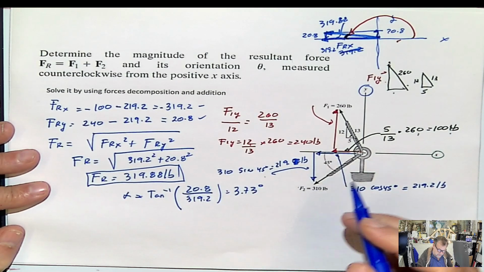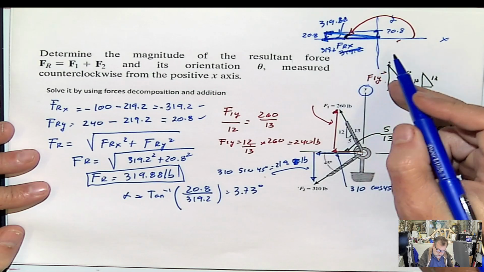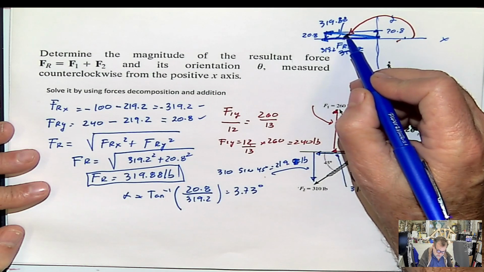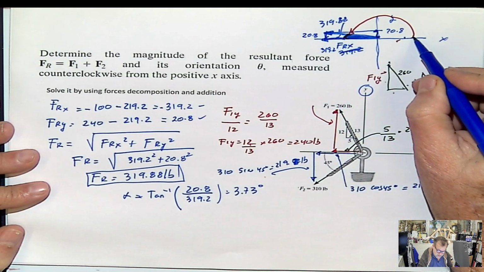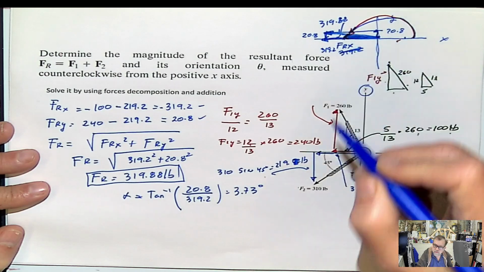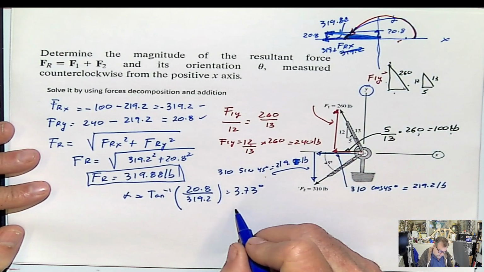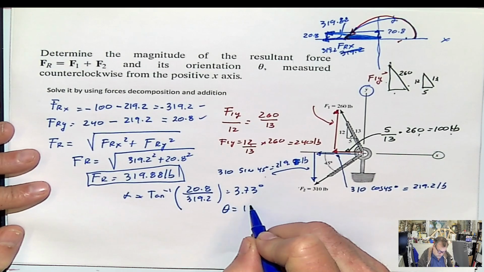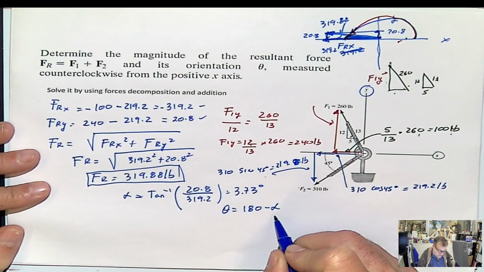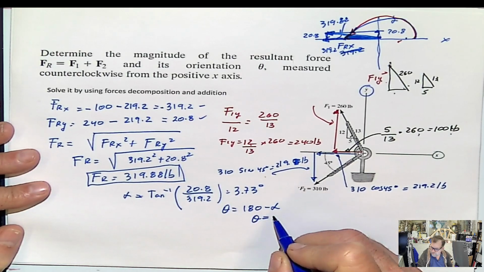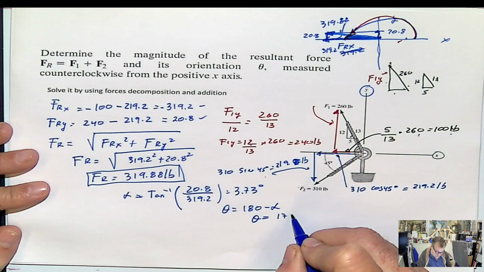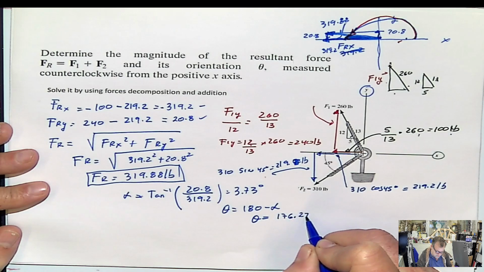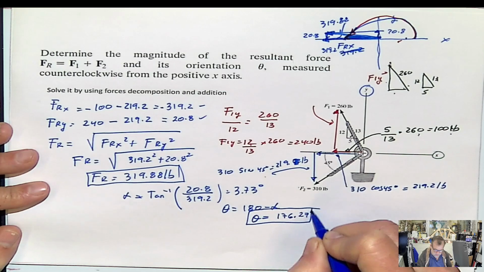And once again, if you need the direction from the x-axis, 3.73 is this one, this little wedge here. But I need this one, and that will be 180 minus alpha, and that direction will be, as we calculated before, 176.27 degrees.